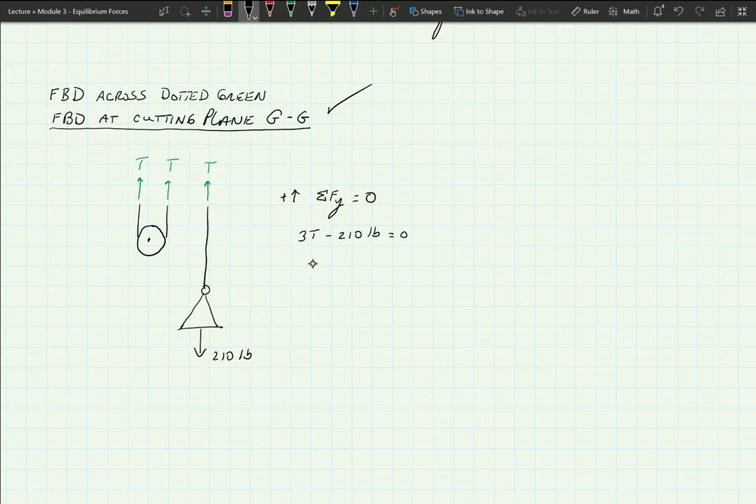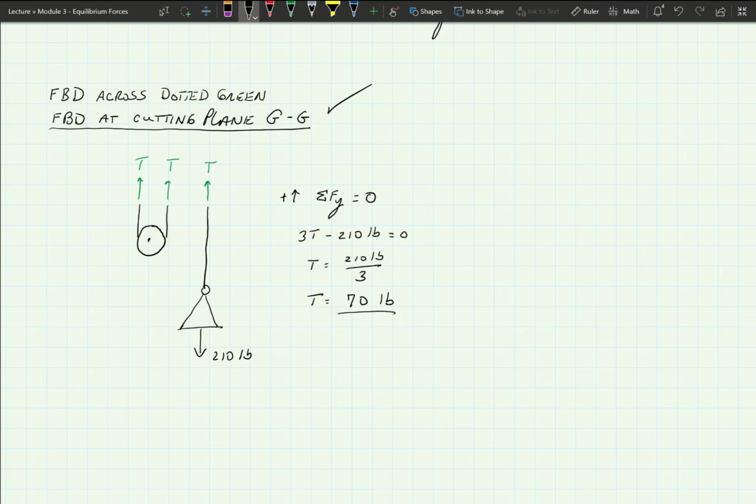If we solve for T, we get 210 pounds divided by 3, and we will get T to be 70 pounds. Okay, and we got our answer. So that's our tension in each one of those. It's as simple as that. If 210 pounds is pulling down, each of those ropes has to hold 70 pounds going up.